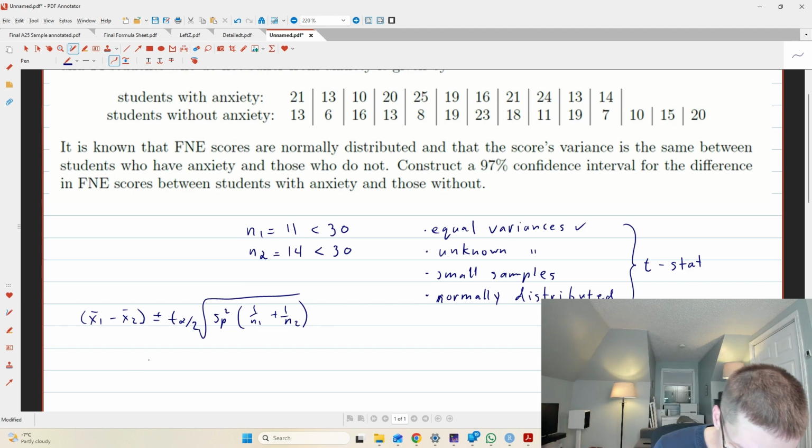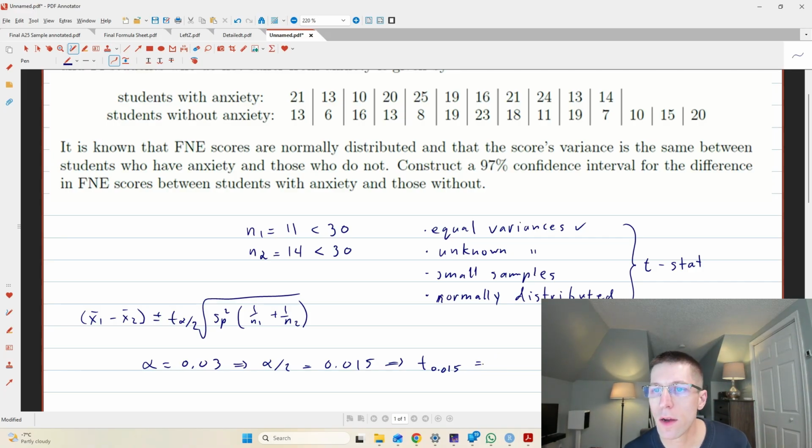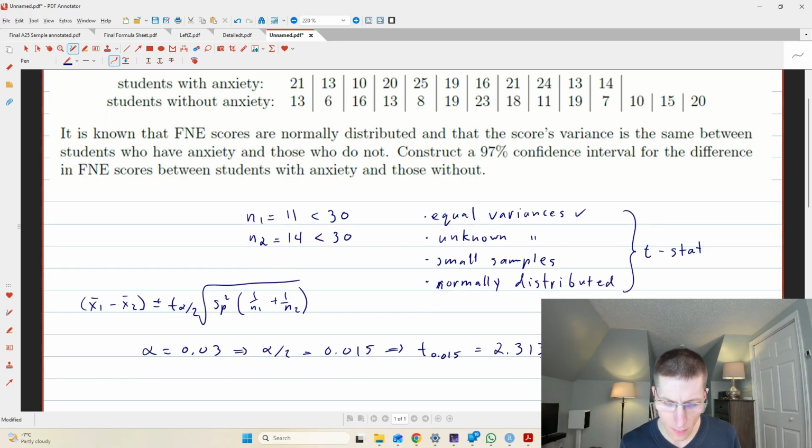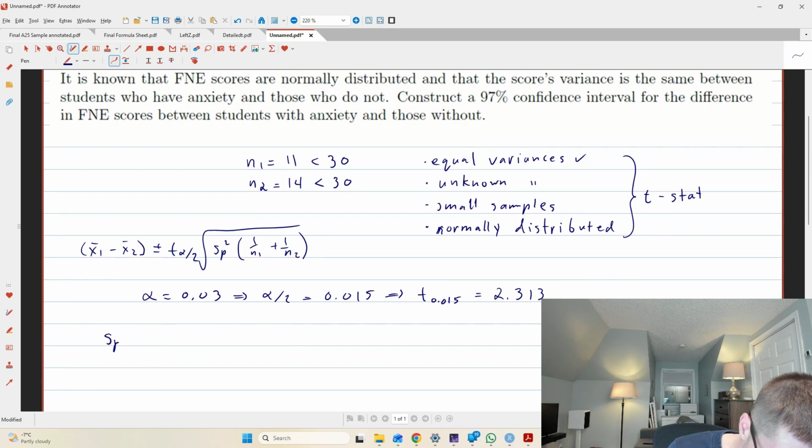And alpha is 0.03, which implies alpha over 2 is 0.015. And then from the table, we can find that the t-value is going to be 2.313. And let me also write down what the pooled variance is.